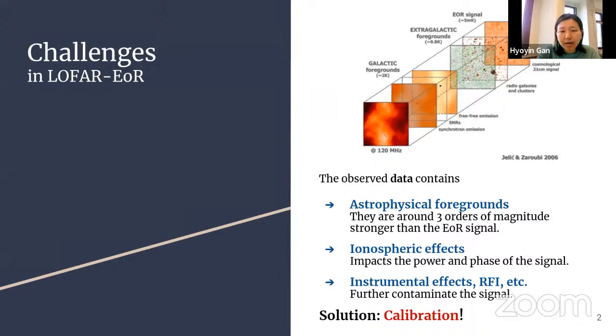The observed data contains not only the EoR signal that we would like to detect, it also suffers a lot from astrophysical foregrounds, which are 3 to 4 orders of magnitude higher than the signal. But also there are effects from the ionosphere, instrument, as well as all the other effects. So it is important to understand those effects and calibrate them precisely.